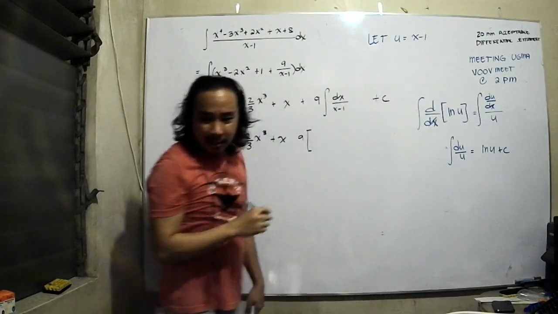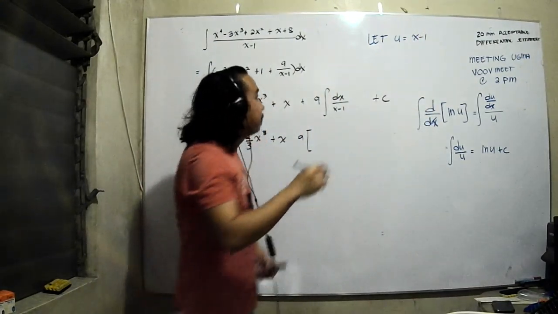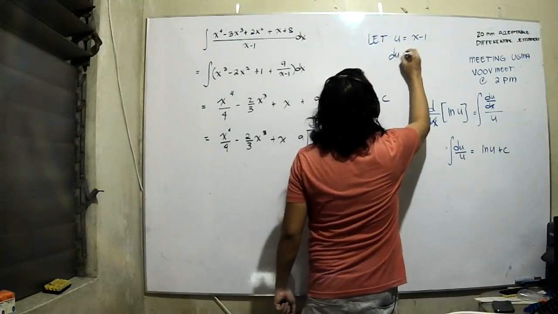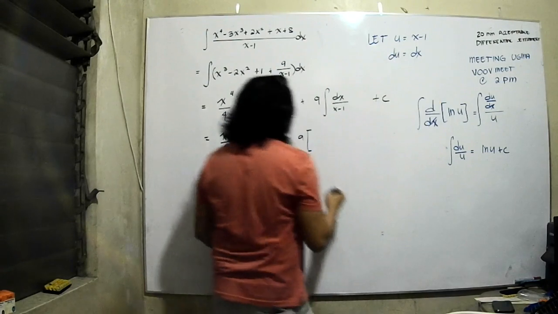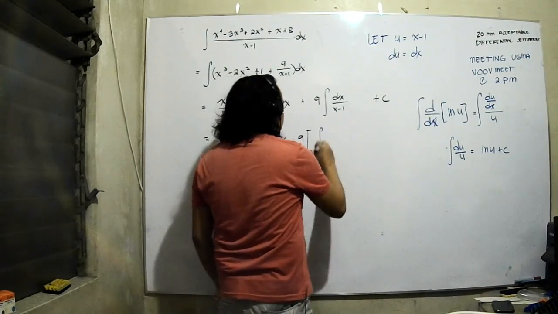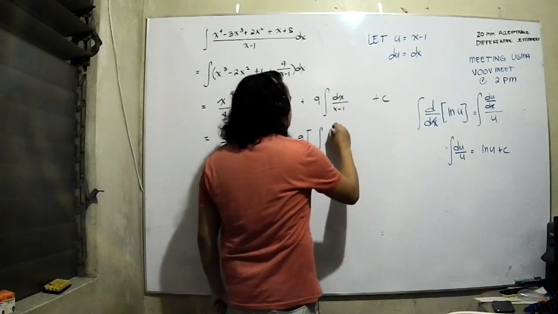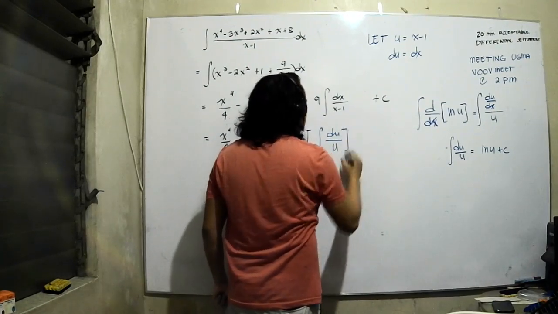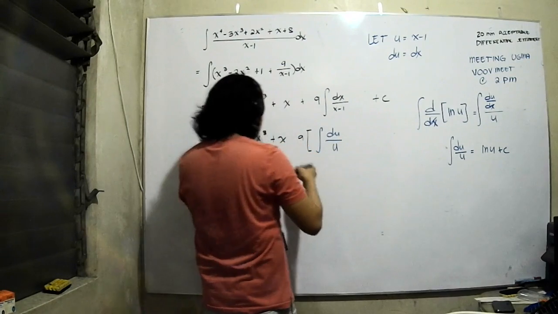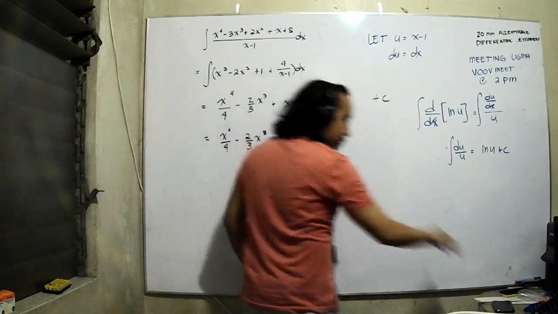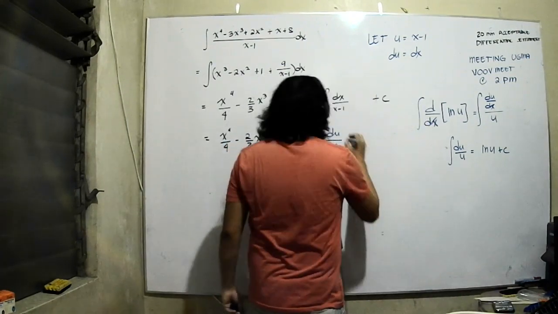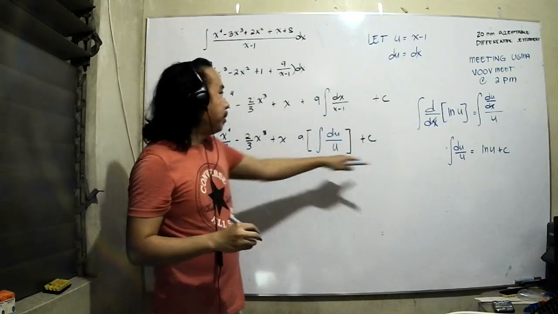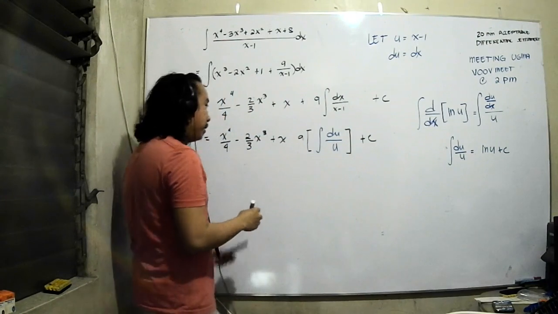For me, it is a complicated term. So du is equal to dx. So this integral becomes dx equal to du divided by u, plus c. We already know the answer here, right?